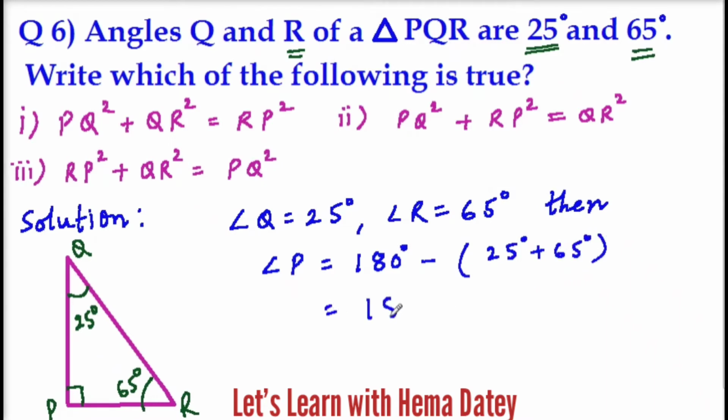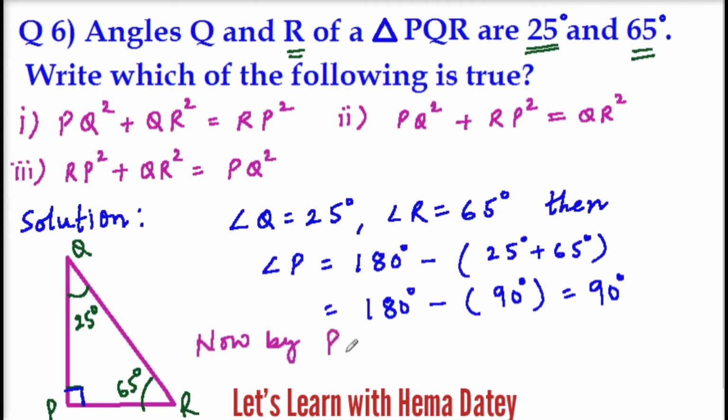We'll get angle P equals to 180 degree minus 90 degree, which gives us 90 degree. It means angle P is 90 degree. Since it is a right triangle, right angled at P, so we will use Pythagoras theorem.